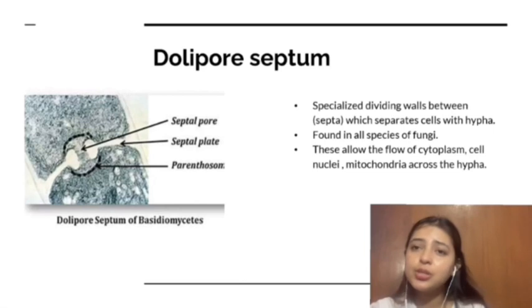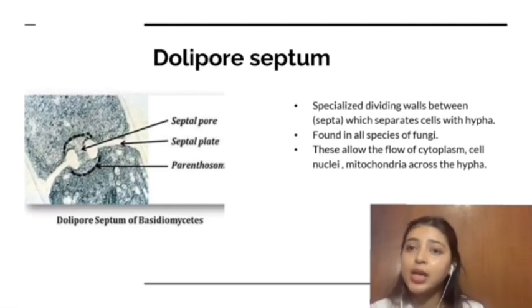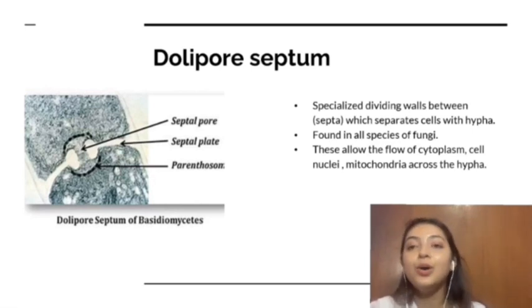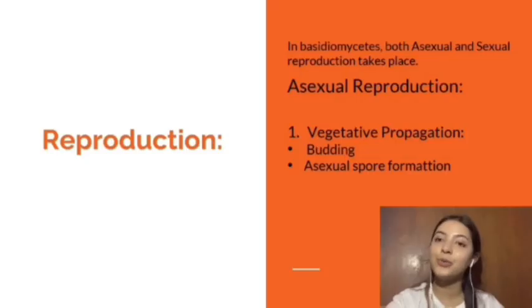These structures have a barrel shaped swelling around the central pore, and around the central pore there is a membrane which is known as the parenthesome or the pore cap. You can see on the screen there is a diagram given. This structure allows the movement of mitochondria, cytoplasm, etc. across the hyphae. Moving on to the next slide, reproduction.